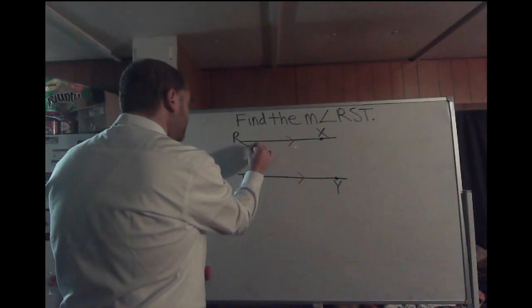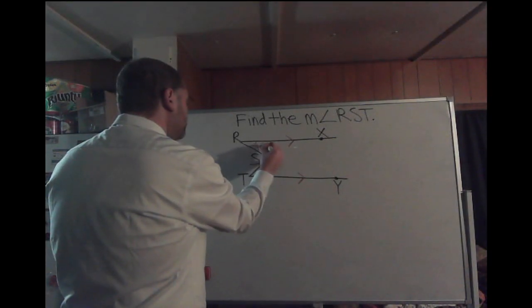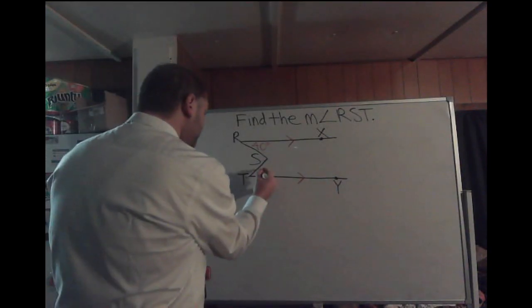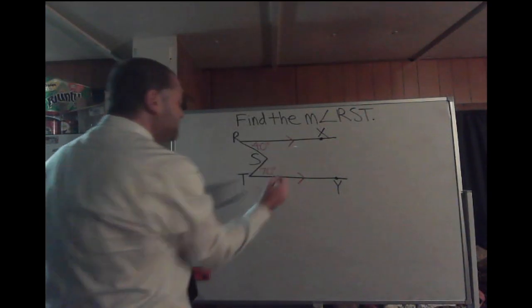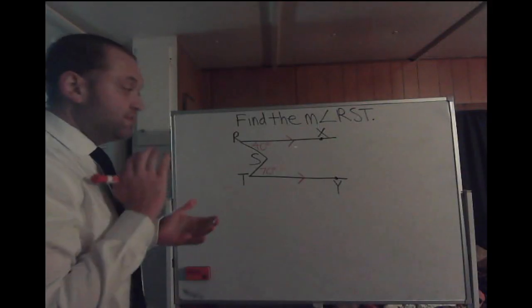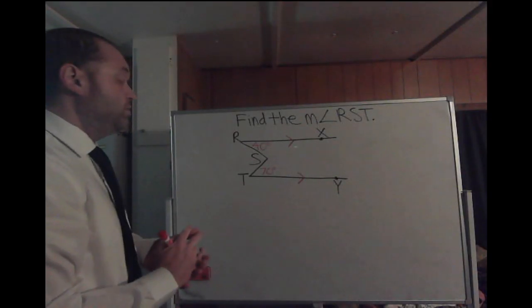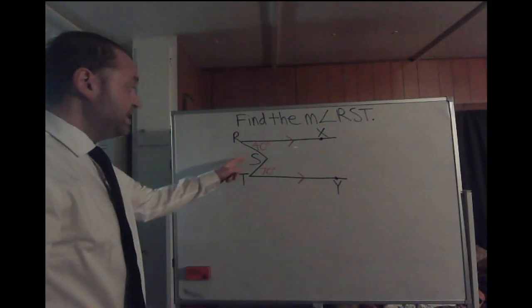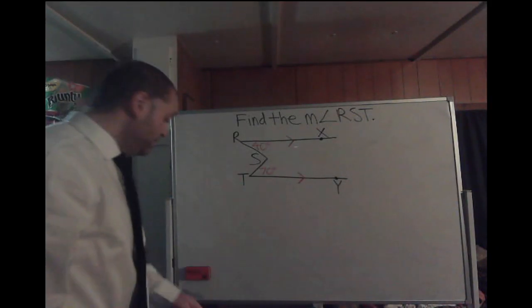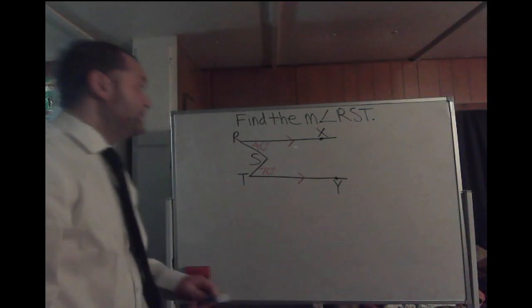Furthermore, we're given that this angle here is equal to 40 degrees. We're given that this angle here is equal to 70 degrees. What we need to find now is the measure of this angle RST. Well, how in the heck are we going to do that, you're probably wondering.